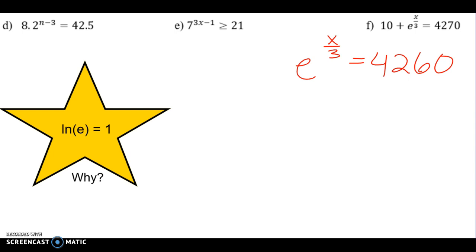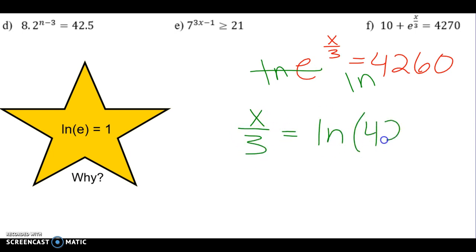E. What log has a base of e? Natural log. So if there's an e, we can natural log both sides, because natural log's base is e. And what did we just learn? Natural log of e is what? 1. They cancel out. And I'm left with x over 3 equals the natural log of 4,260.